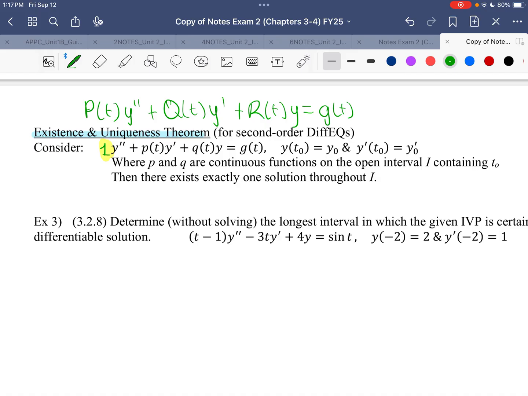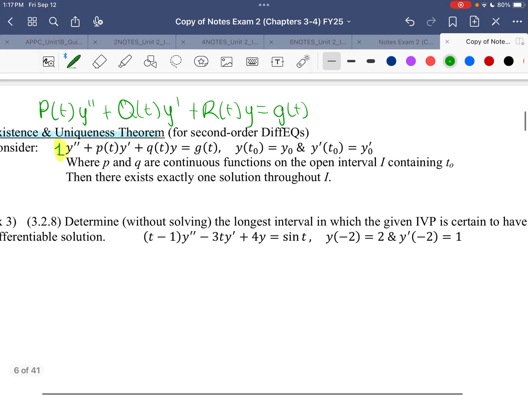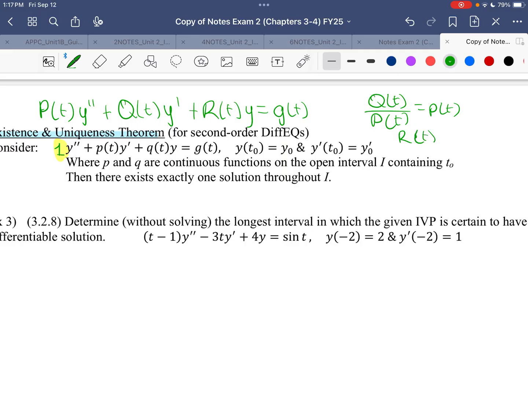So Q of t over P of t is equal to lowercase p, and R of t over P of t is equal to lowercase q of t.